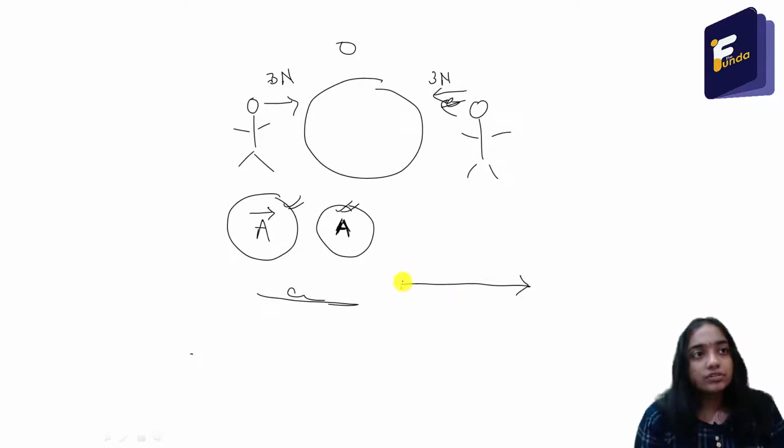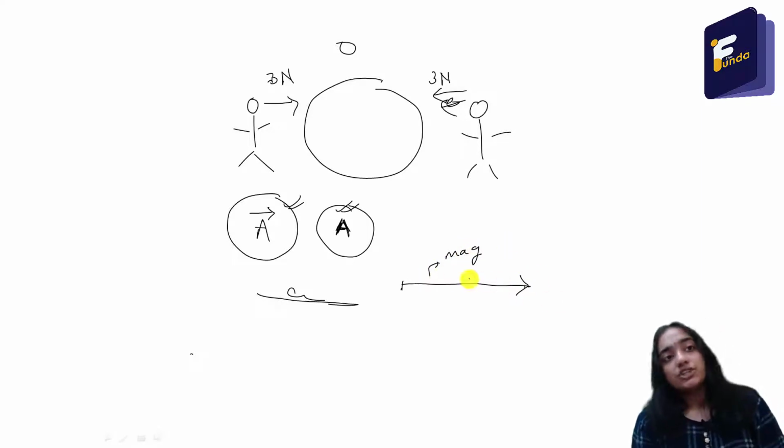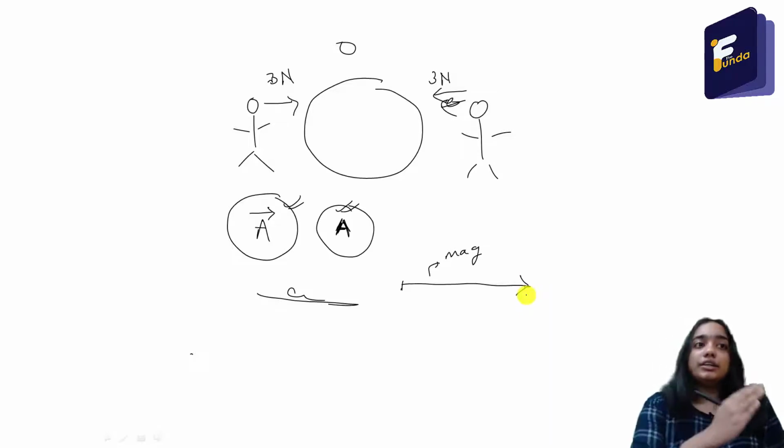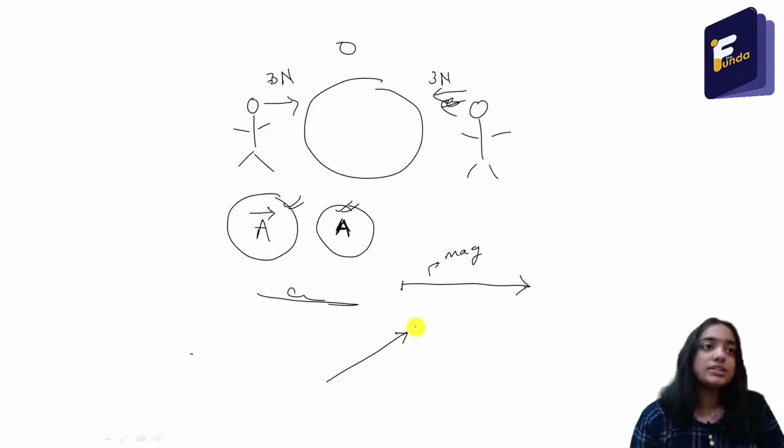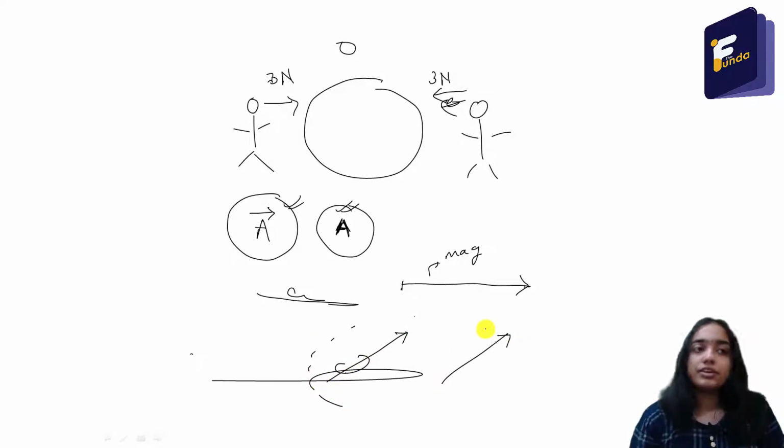The length of this arrow shows the magnitude of the vector quantity, and the direction in which the arrow is pointing shows us the direction of the vector quantity. For example, if I draw an arrow like this, this is the graphical representation of a vector quantity, and the length of this arrow tells us about the magnitude of that vector.